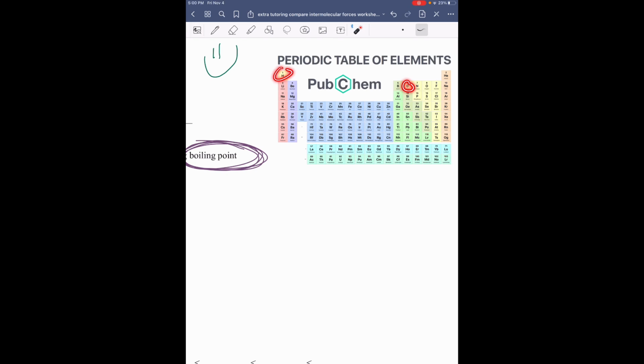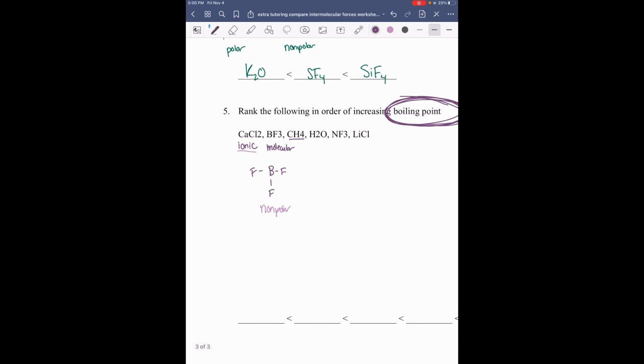So CH4 is going to be a molecular species. Then our next step is to draw it out to figure out if it's polar or non-polar. It looks like that. All our formal charges are 0. This is going to be a non-polar species.